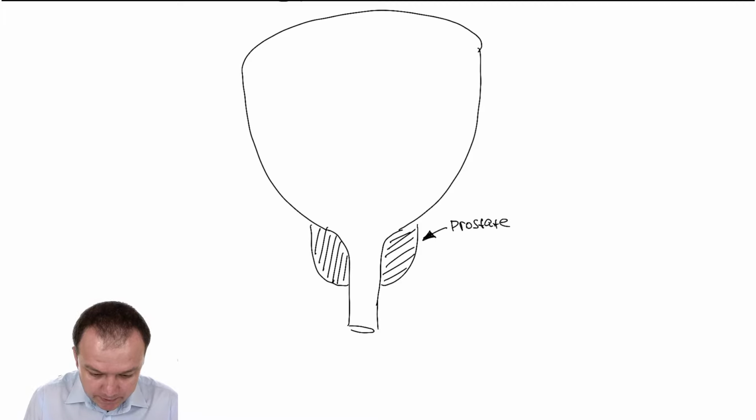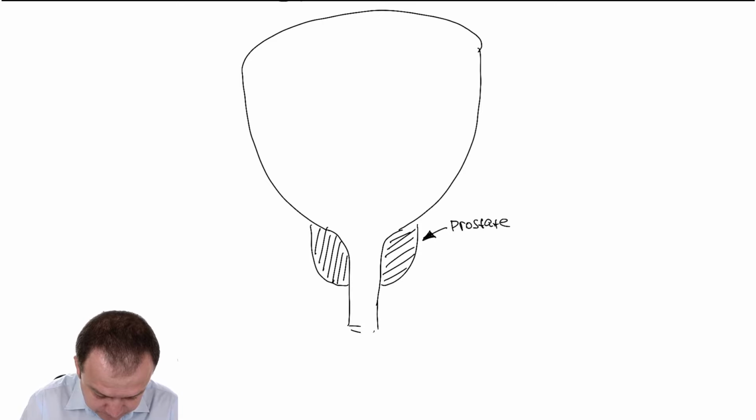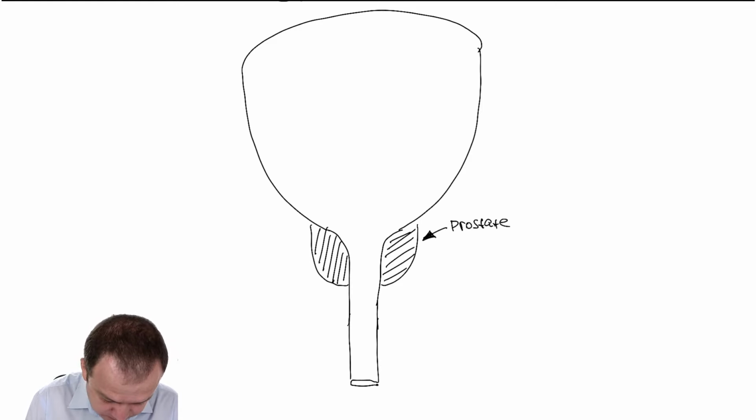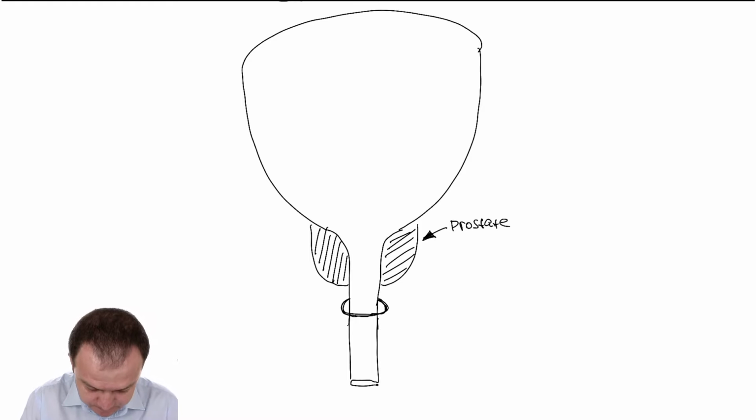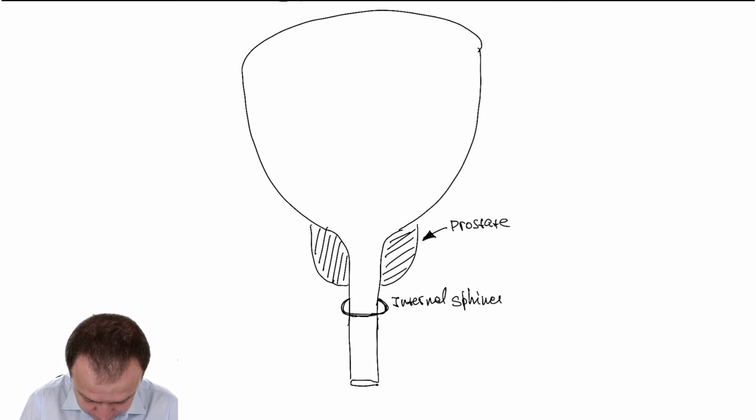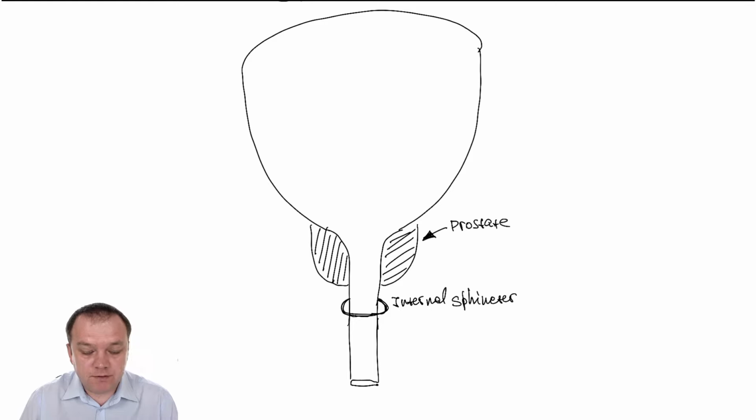So what do we have? We have an internal sphincter, and we have an external sphincter. This internal sphincter is under involuntary control.